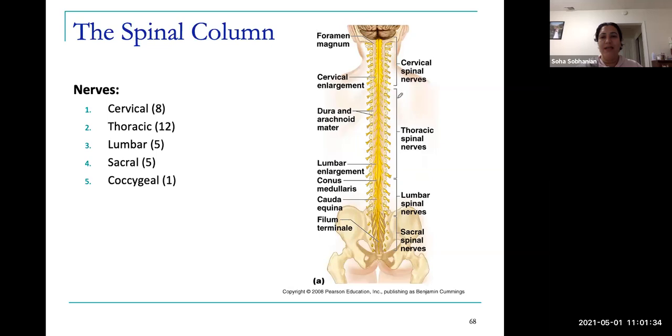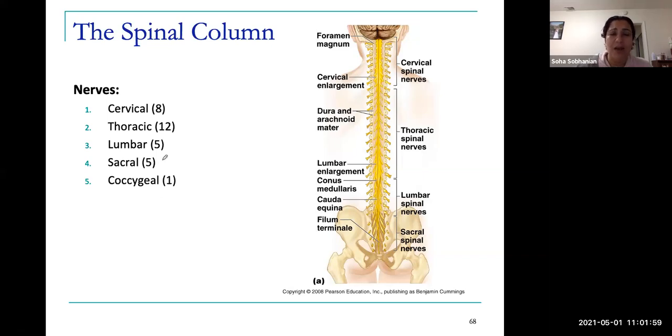If they're associated with your thorax, basically your chest, they're called thoracic. They're 12 nerves. Your lower back, they're called lumbar. If they're associated with the sacrum bone, they're called sacral. And if they're associated with your tailbone, we call it the coccygeal nerve.